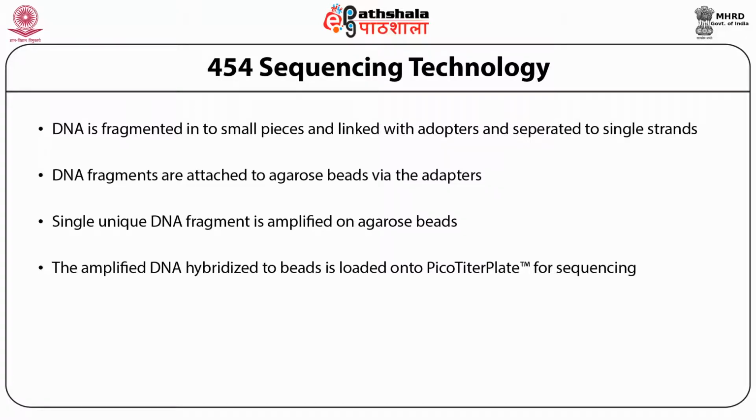When these nucleotides are incorporated onto the DNA strands, a chemiluminescent reaction takes place, producing light. The chemiluminescent reaction is captured by a CCD camera and the intensity is proportional to the number of nucleotides incorporated. The millions of sequence data generated are aligned against the source reference data. This has the advantage of speeding up time and deep sequencing.